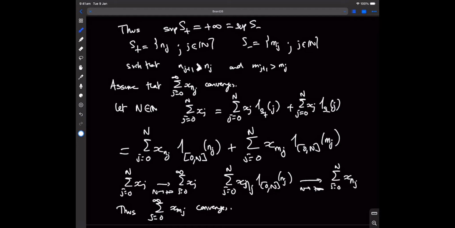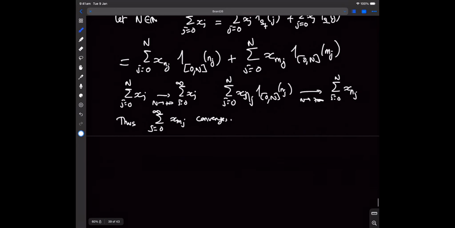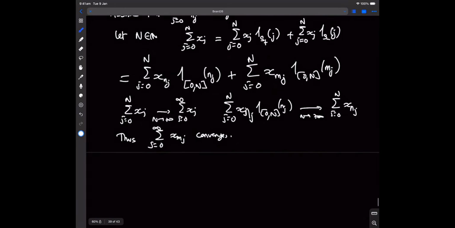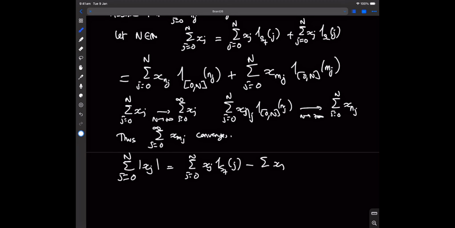Right, but what happens if I look at the sum of the absolute values of x_j? I could do exactly the same thing as what I did with the sum of the x_j's themselves, except the sum of the absolute values of x_j from 0 to, let's say, capital N is the sum of j equals 0 to capital N of x_j itself on the set where j is in S plus. And if I want the absolute value, I've got to take minus the negative part, 0 to N, on the set where j is in S minus.